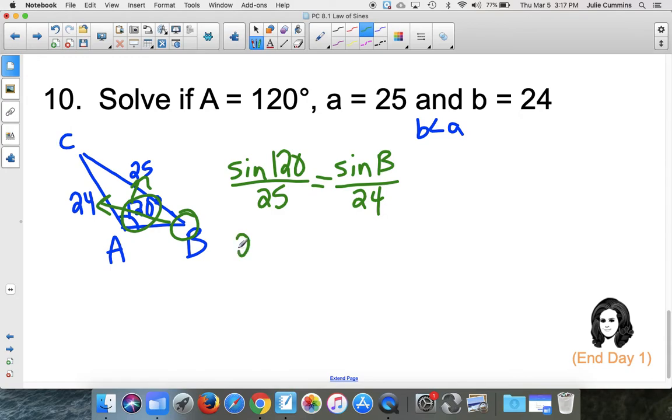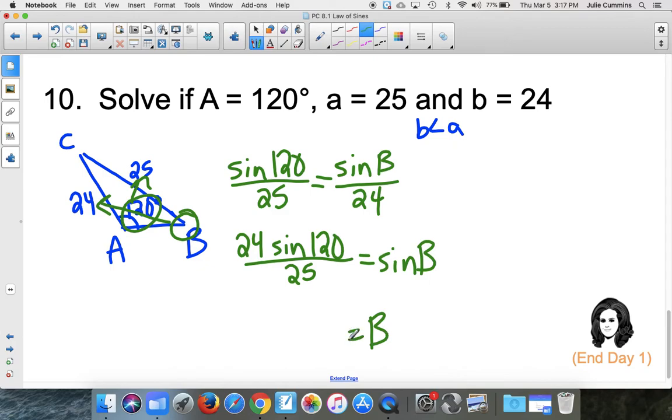If you just want to multiply both sides by 24, you can do that. Save you a step. You're going to put that all in your calculator and then take the inverse sine of it, and we find out the angle B is right around 56 degrees.